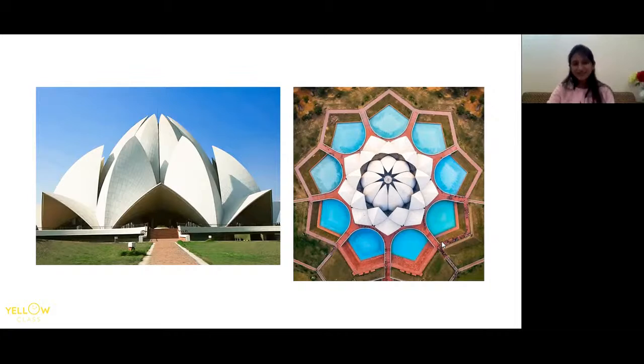Yes, it is the Lotus Temple. And it is also symmetrical. See, the top view on the right side of the figure is the top view of the lotus. Okay, so here also, like the star I have told you, or like the snowflake, it is symmetrical and it has many lines of symmetry. It has many lines of symmetry, right?